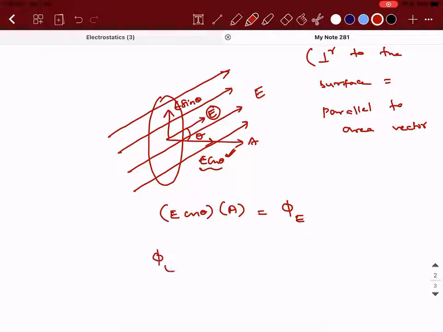So electric flux is basically a scalar quantity because you write it as E vector dot A vector. Isn't it the same as E cos theta times A? Are you able to understand? So that's what happens.